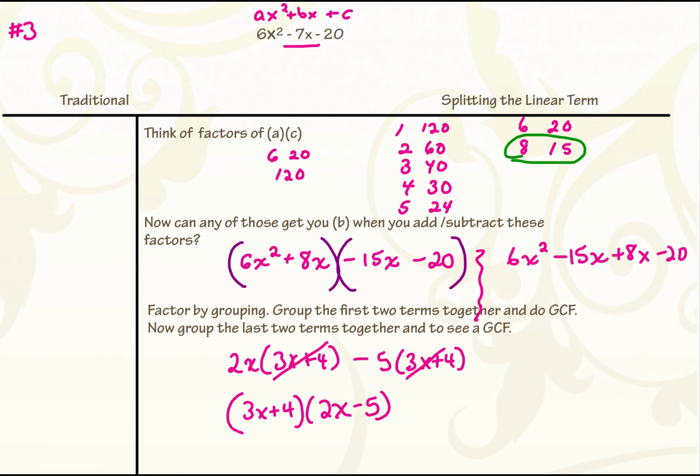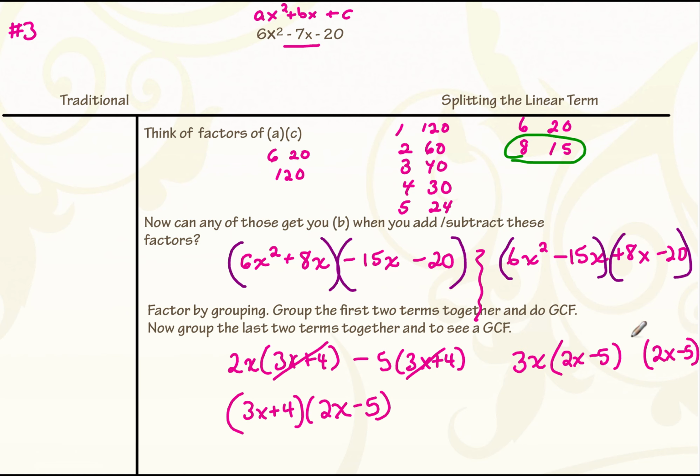All right. I'm going to group over here again, first two and last two, and do greatest common factor. So between 6 and 15, the greatest common factor is 3. And then between x squared and x, the greatest common factor is x. And then I'm left with 2x minus 5. Hey, look, there it is, the 2x minus 5. So that means I'm looking for a 2x minus 5 in the next set.